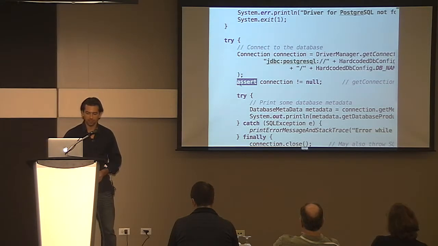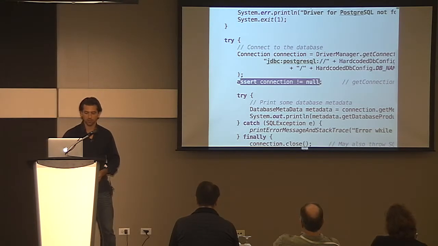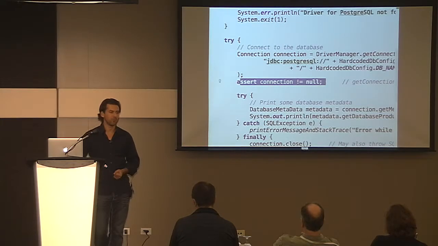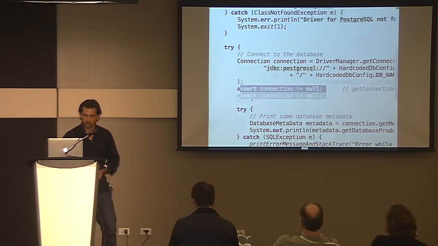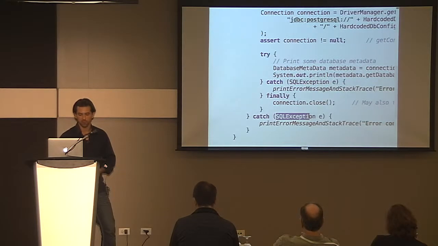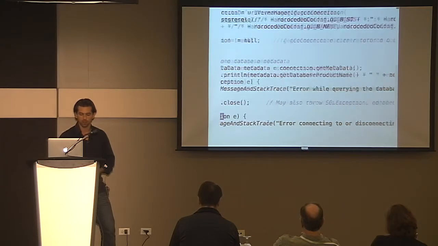If this line of code gets executed, this is an assertion, we're guaranteed that the connection is not null. So now we don't need to check for null pointer exceptions. And in the catch part of the block, we catch the exception and do whatever, like, for example, in this case, throw an error connecting to the database.